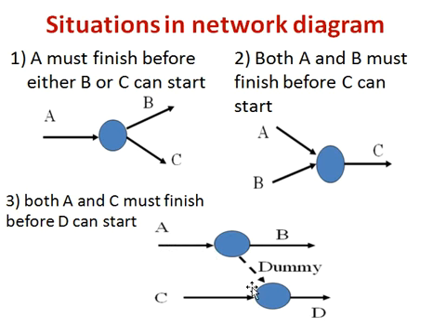In certain cases where a direct link is not involved, but in order to start activity D we require A to be completed, we need to introduce a dummy activity.